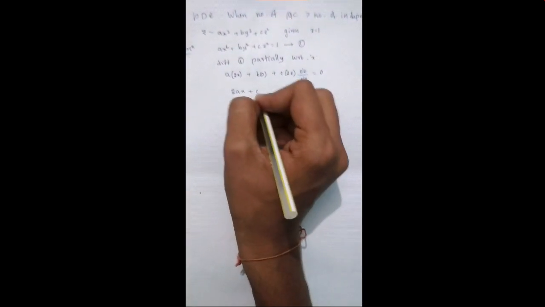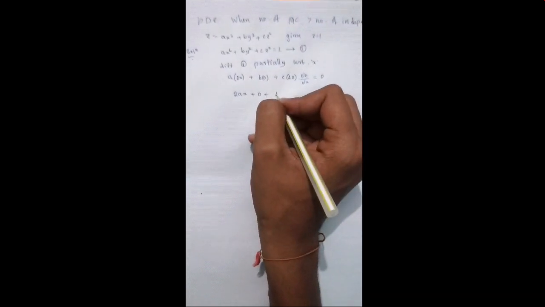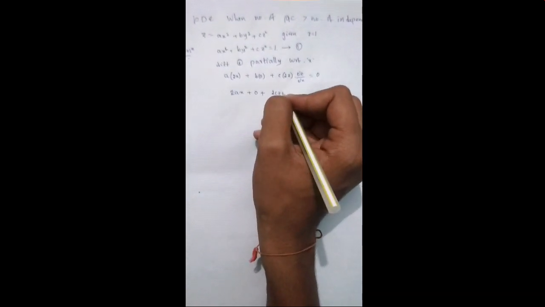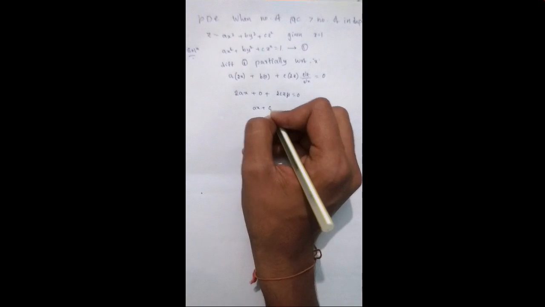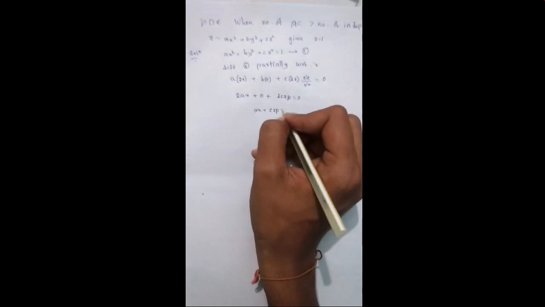So 2ax + 0 + 2cz ∂z/∂x, which is p, equals 0. Therefore ax + czp = 0 is the second equation.